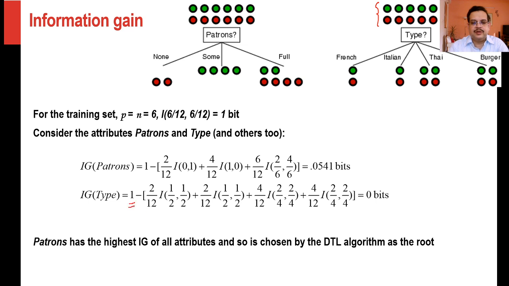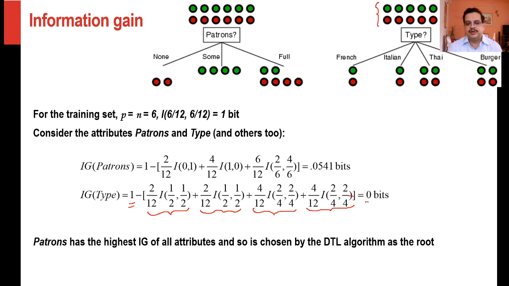Then if I look at the first branch, there are 2 out of 12, but then 1 out of 2 says yes and 1 out of 2 says no. Then similarly for the second branch, which is Italian, and the branch corresponding to Thai, we have 4 out of 12, but then 2 out of 4 says yes and 2 out of 4 says no. And then this is for the fourth one for burger, where I have the same thing, and now when I compute this, it comes to 0.